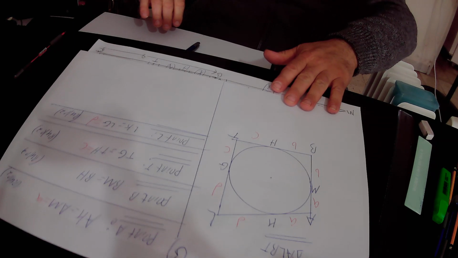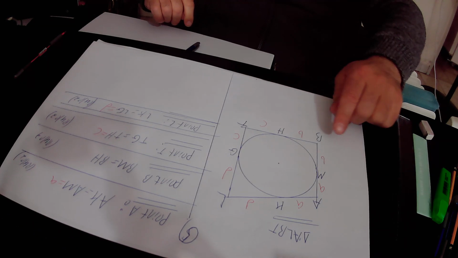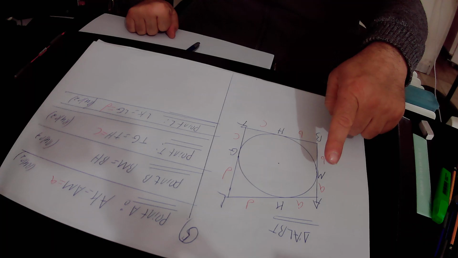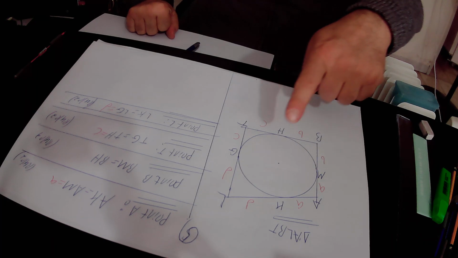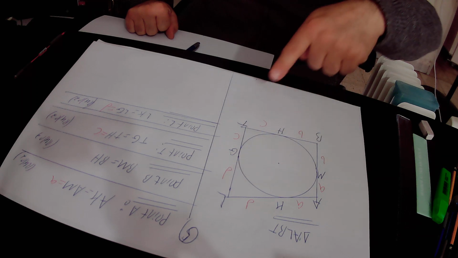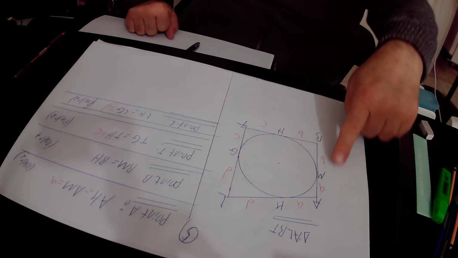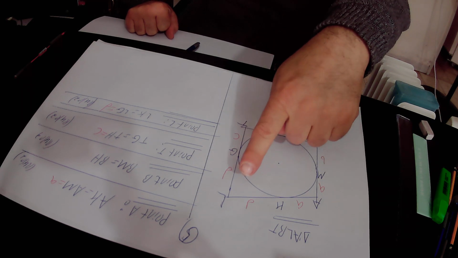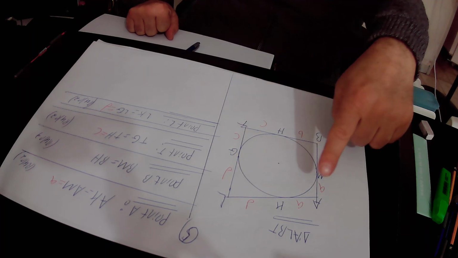In the next step, we join side AB to the opposite side, side LT, in this quadrilateral ALBT.